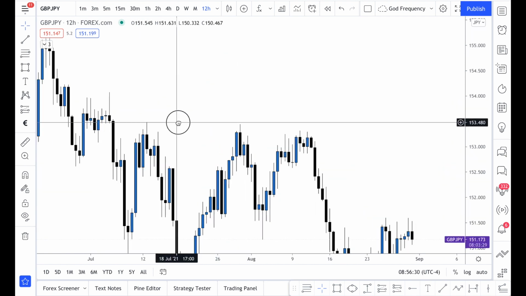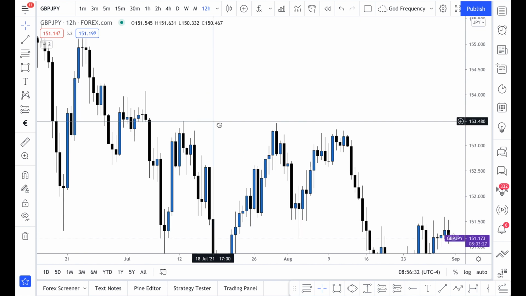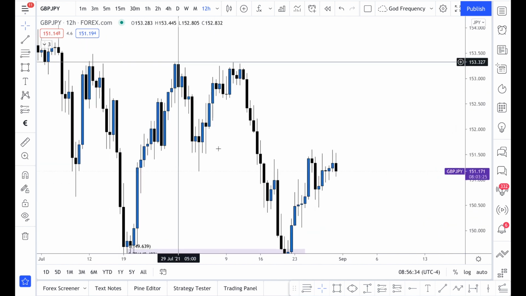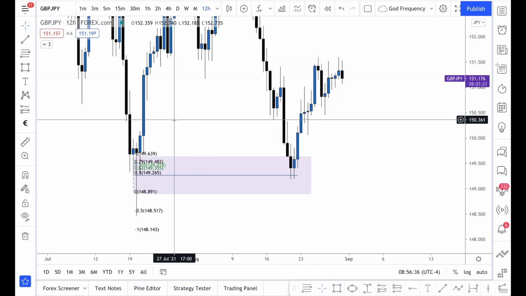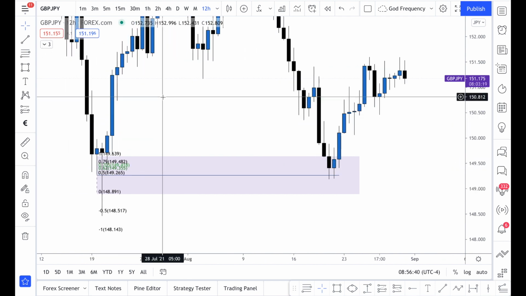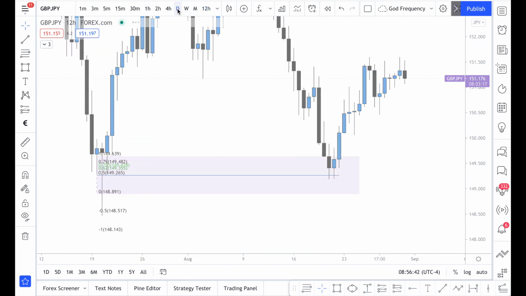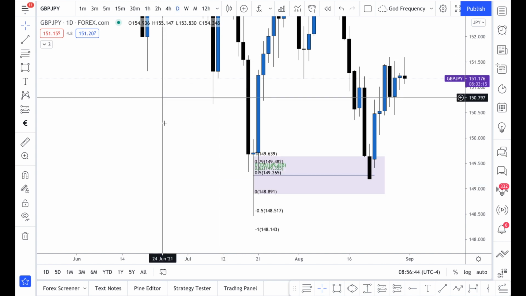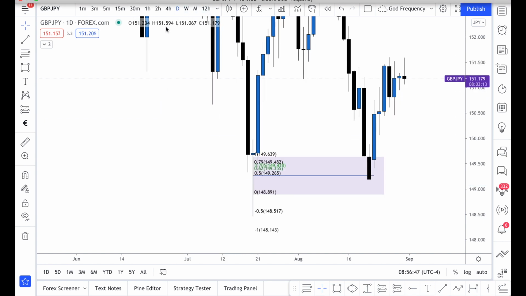You can do this on the daily as well. But this is just something that I wanted to introduce, something that I found works extremely well, which is measuring out that mean threshold on the higher time frame.